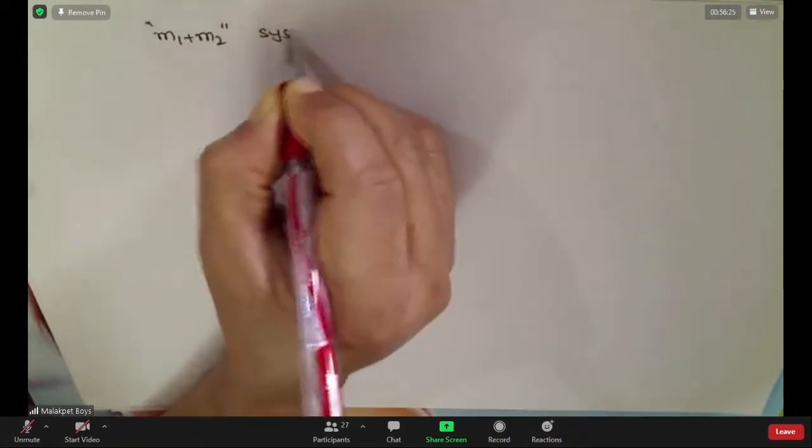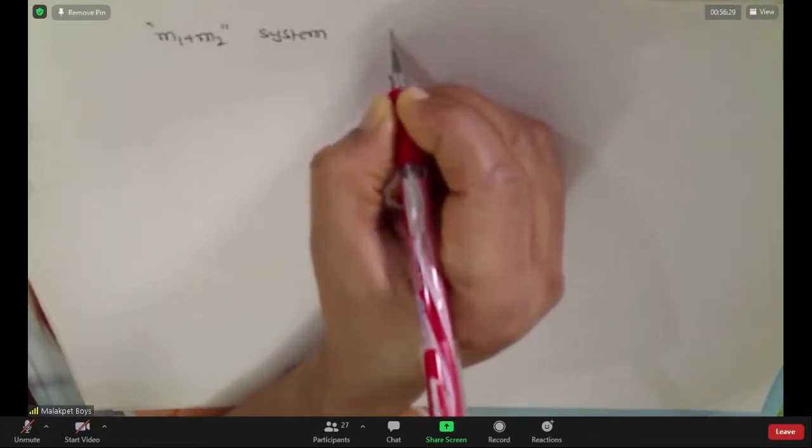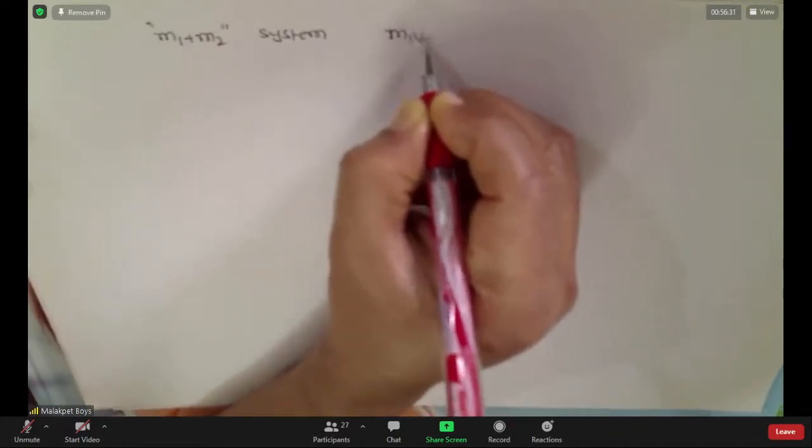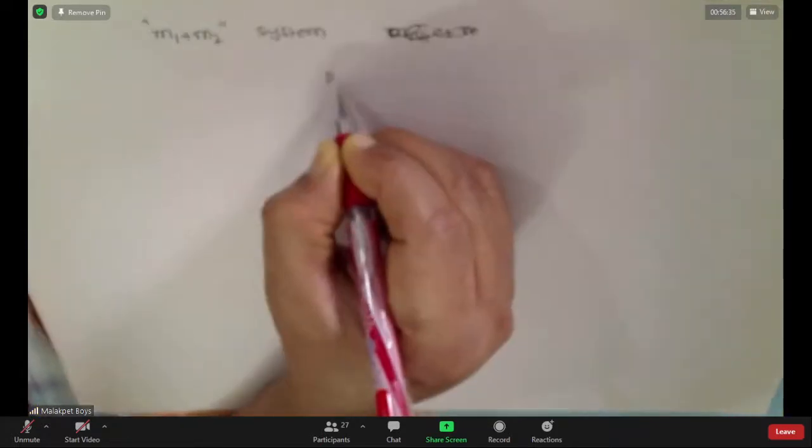Now, in this particular problem, if you read this, so for M1 plus M2, the momentum is conserved, no?